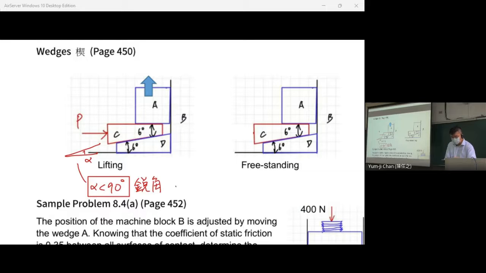In mathematics, we will call it acute angle, so it has a wedge that has an acute angle that is actually quite much smaller than 90 degrees. And if we have a force P pushing inwards, then the block A would be lifted. There is lifting.